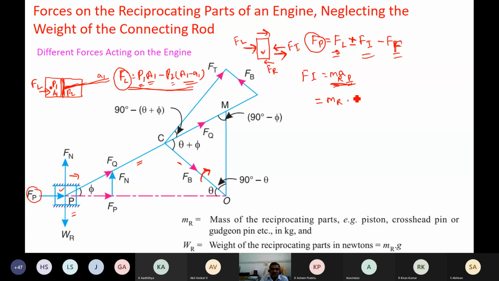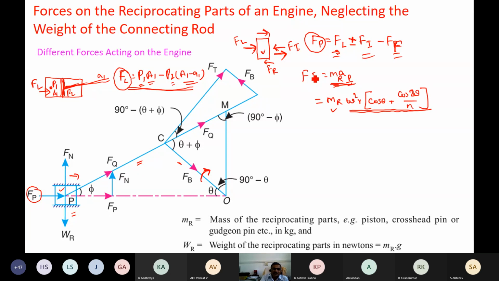What is the acceleration of the piston? It is equal to omega square r into cos theta plus cos 2 theta divided by n. So this is the acceleration of the piston, and this is the mass of the piston.